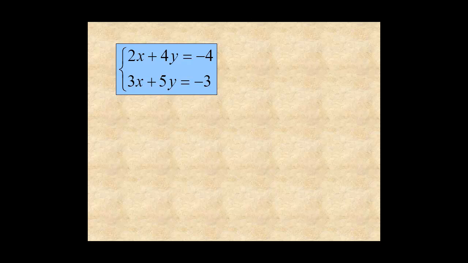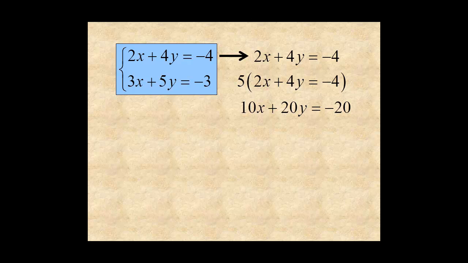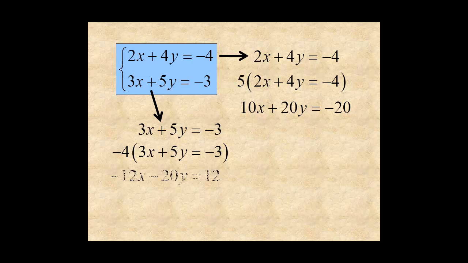To do this, begin by multiplying the first equation by 5 for 10x plus 20y equals -20. Multiply the second equation by -4 for -12x, -20y equals 12. Notice that the first equation has 20y and the second equation has -20y.